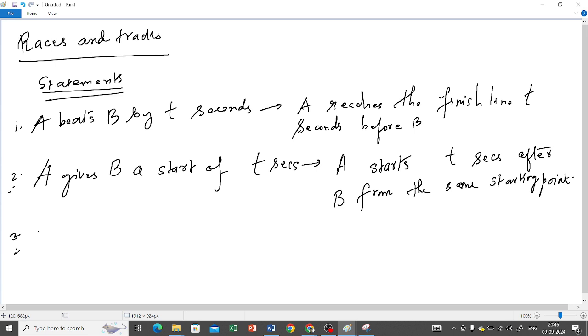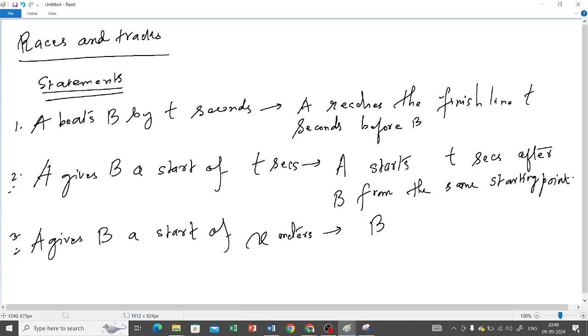Now next one is A gives B a start of x meters. What does that mean?